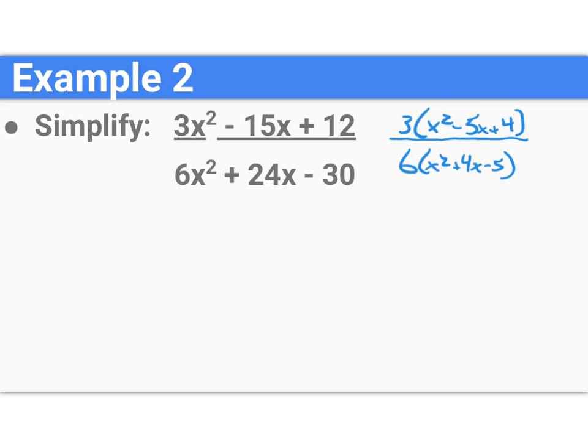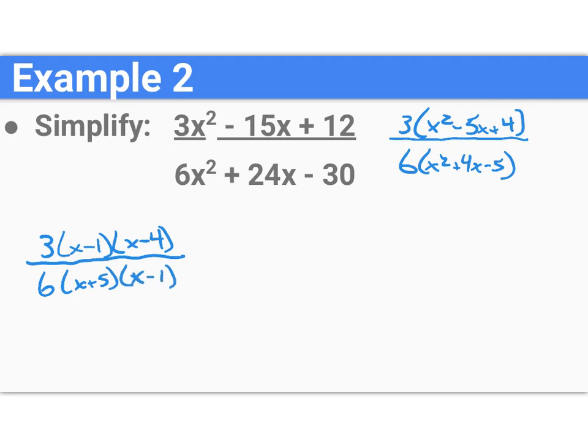So we got 3 times the quantity x minus 1, x minus 4, all in the numerator. And then 6 times the quantity, let's see, 5 and 1: x plus 5, and then x minus 1. Okay, and so let's simplify the outside. 3 over 6 turns into 1/2.